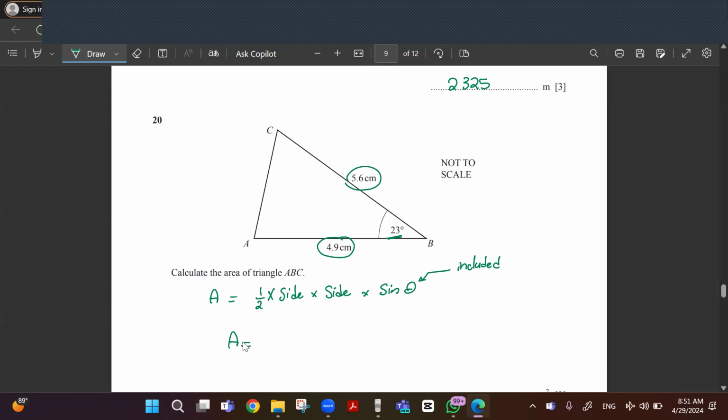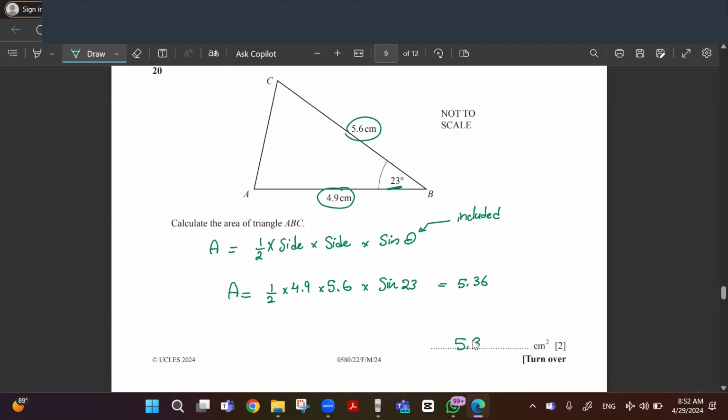So area directly: half multiply 4.9 multiply 5.6 multiply by sine 23, and let's do this on the calculator. It will be around 5.36. Any problem for now? Okay.